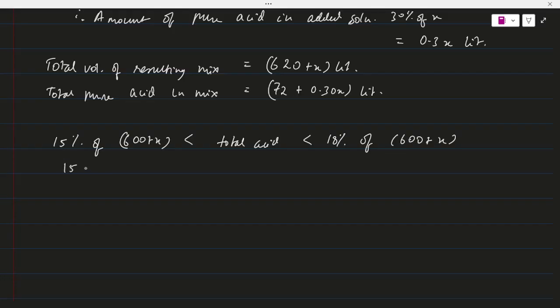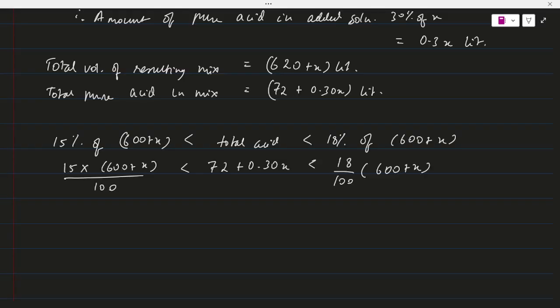So 15 into (600 plus X) whole divided by 100 is less than 72 plus 0.30 of X, which is less than 18 upon 100 into (600 plus X).